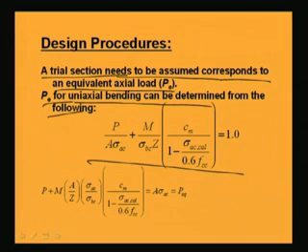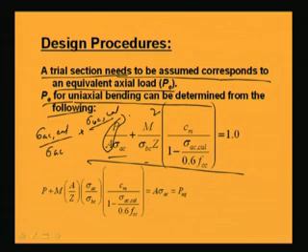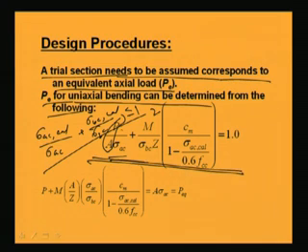How? We know P by A is sigma AC calculated, that means sigma AC calculated by sigma AC, similarly sigma BC calculated by sigma BC. Sigma AC calculated by sigma AC plus sigma BC calculated by sigma BC will be less than or equal to 1 for uniaxial moment. So if we make this equation in terms of load and area, then we can find that P by A into sigma AC plus M by sigma BC into Z into this equals 1.0.